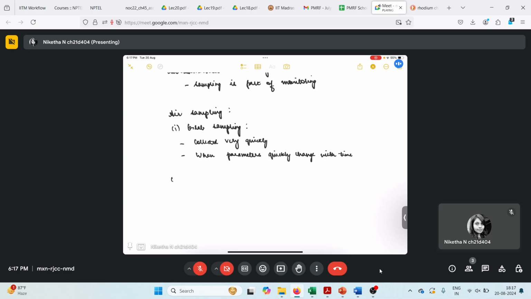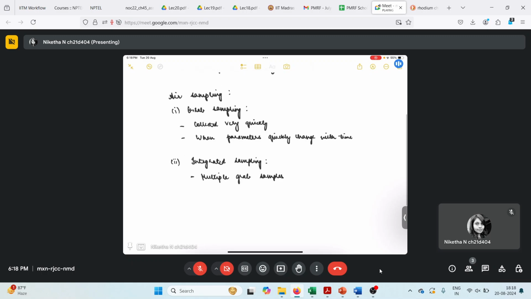The second type of sampling is integrated sampling. This is basically grab sampling done over a period of time. We collect multiple grab samples, say 3 or 4 samples, and take the average of them.